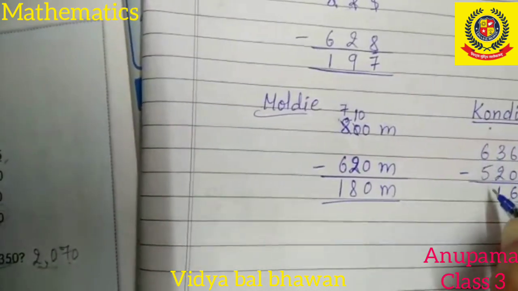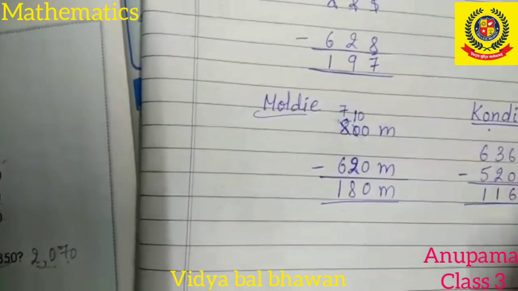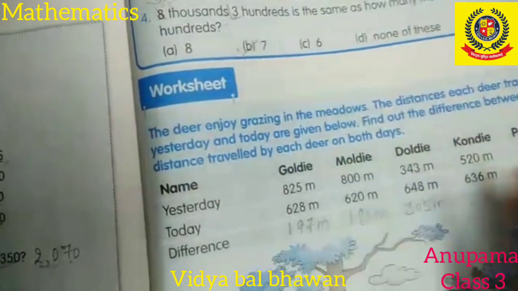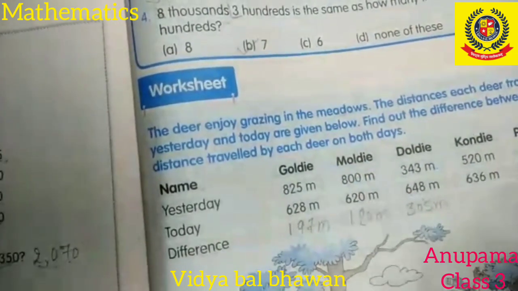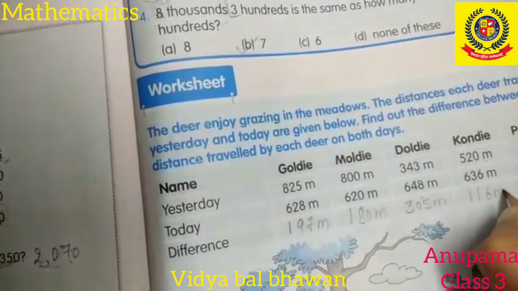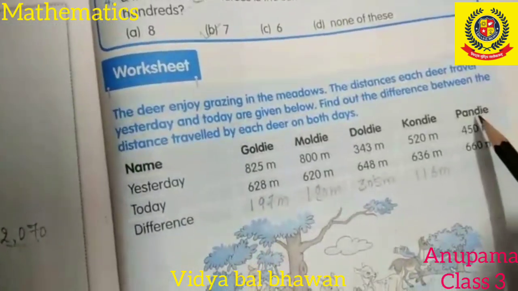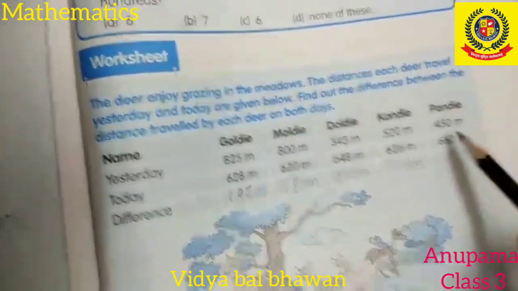And 6 minus 5, that is 1. So Condi's distance difference is 116 meters.